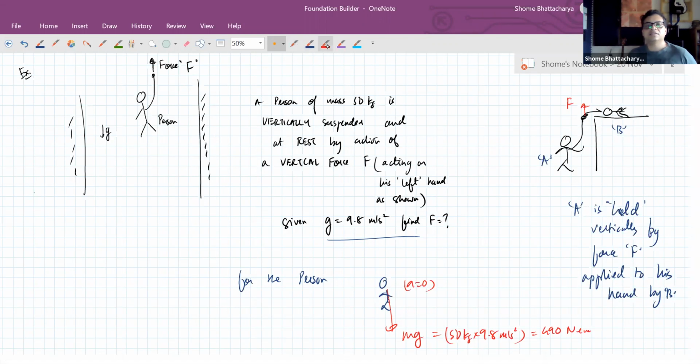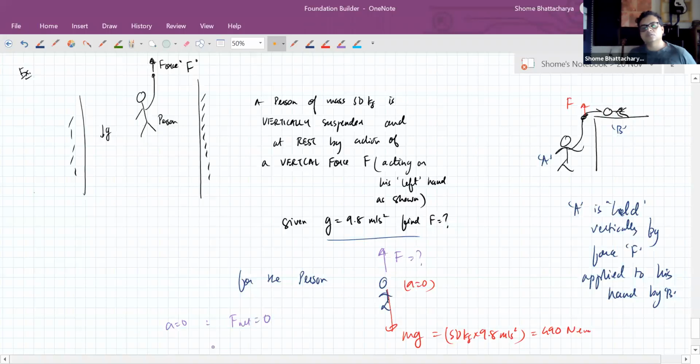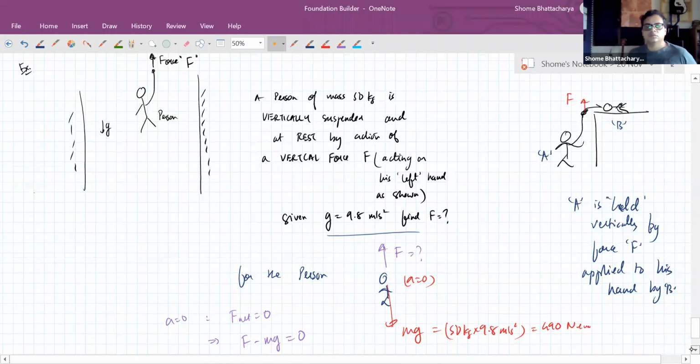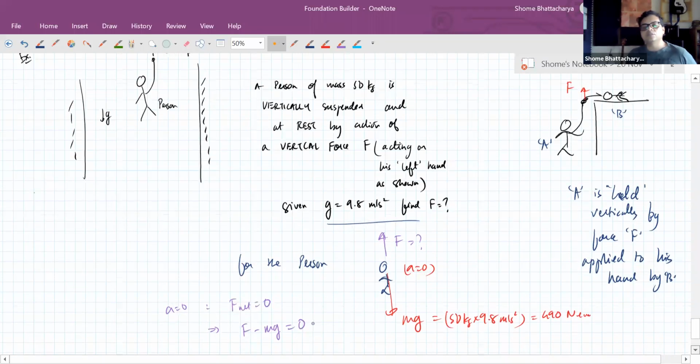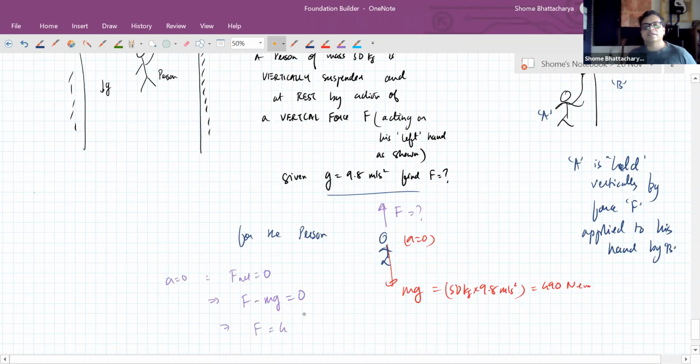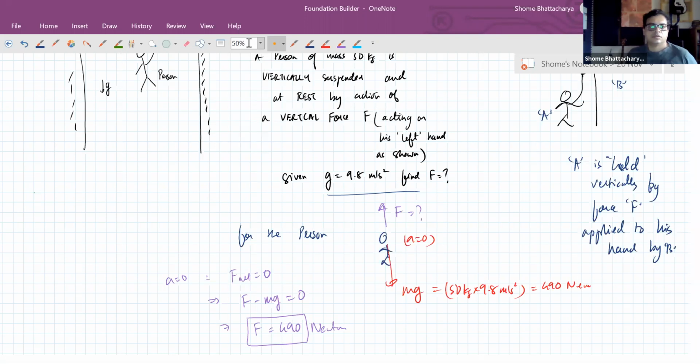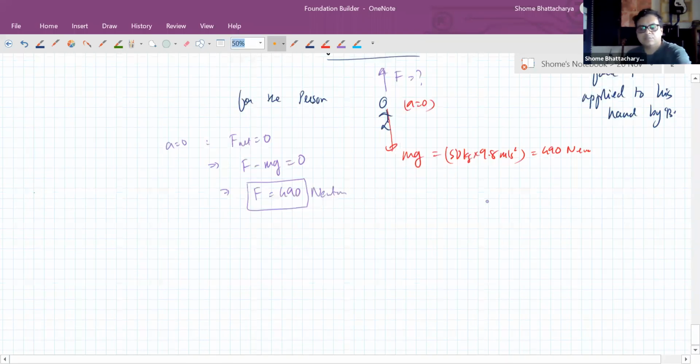So this force now has to be balanced by some other force. This you want to find out. So acceleration is zero. That means net force has to be zero. So that means F minus mg, because F is acting in the opposite direction to mg, has to be zero. That means the amount of force that has to be applied vertically on him equals his weight, but in the opposite direction. So it has to be 490 newtons. Okay. So very simple example. Hope this is clear to you.